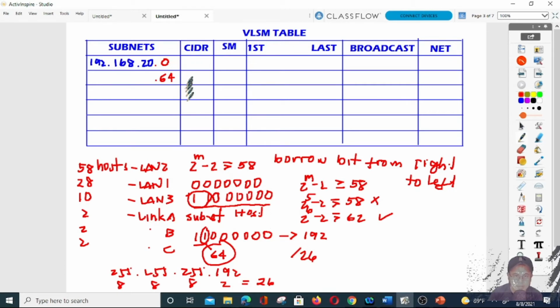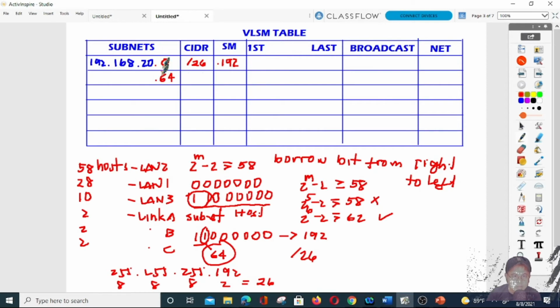So /26 will be here. This will be the /26. And then the new subnet is .192. If you add this one, 128 plus 64 is 192.